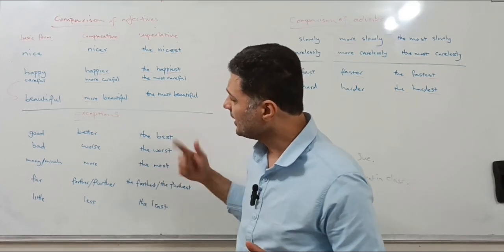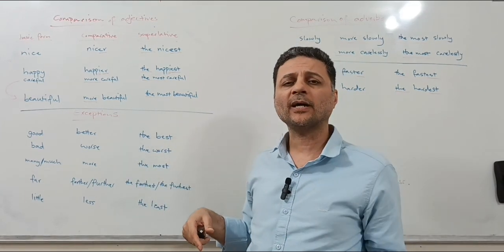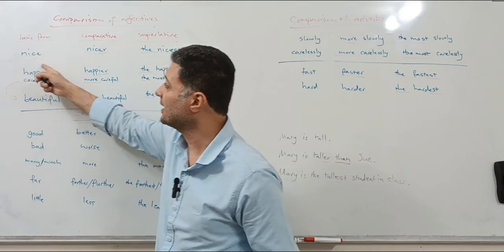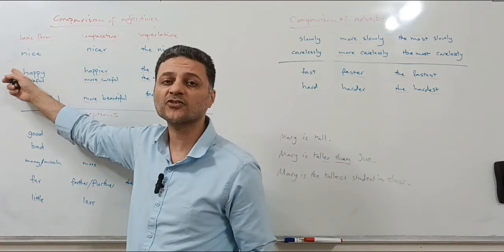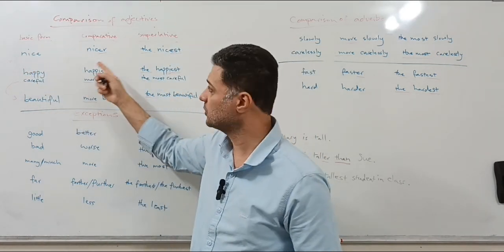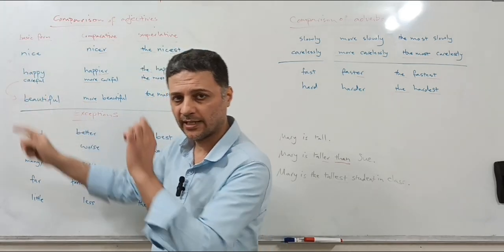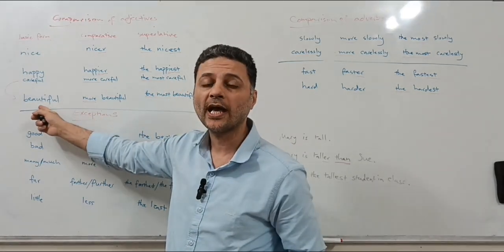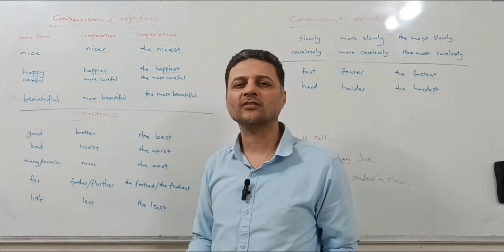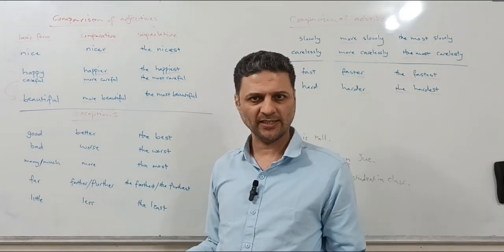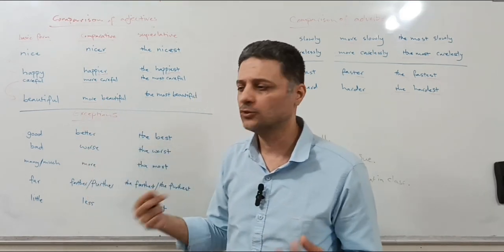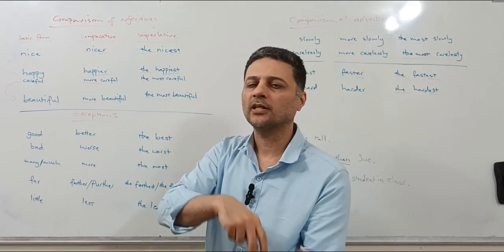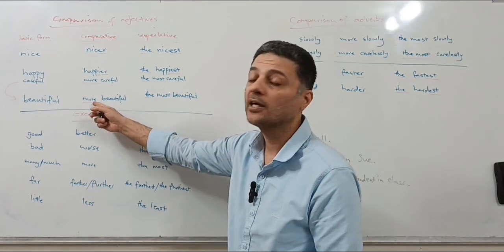Well, now we talk about adjectives of more than one syllable. That's why I separated this first row of adjectives, nice, happy, and careful. I wrote them close together, and then I wrote in another separate row beautiful. Beautiful is an adjective of more than 2 syllables, right? So in order to compare two people, two girls, two women, which one is more beautiful than the other one, we use more.